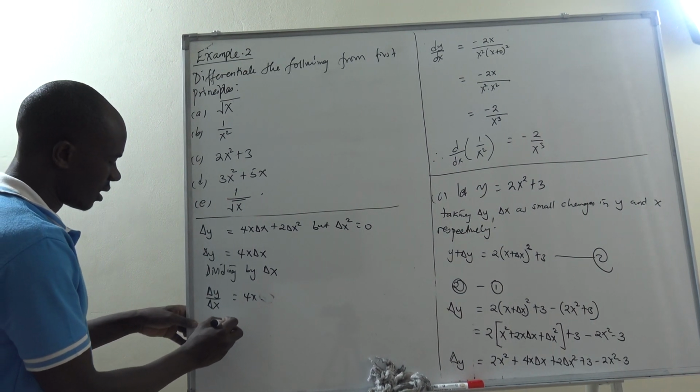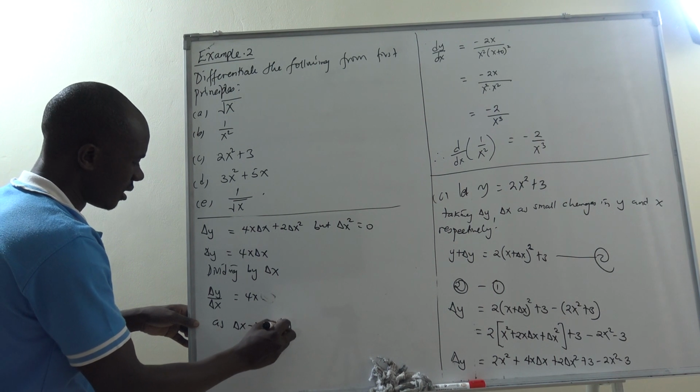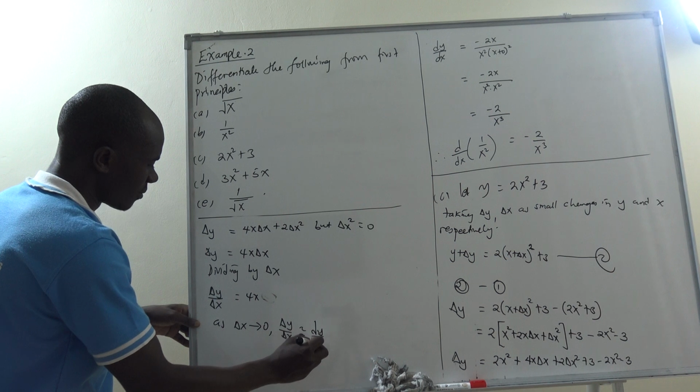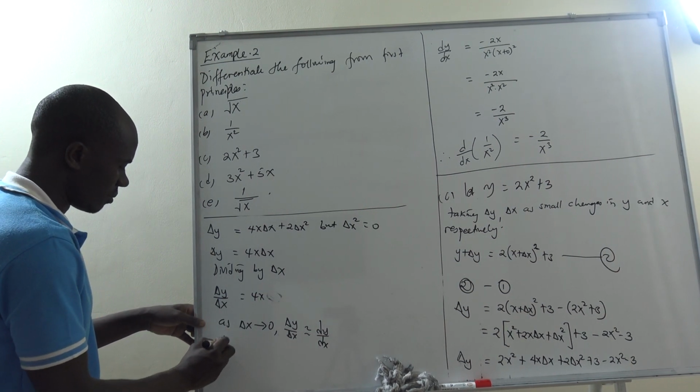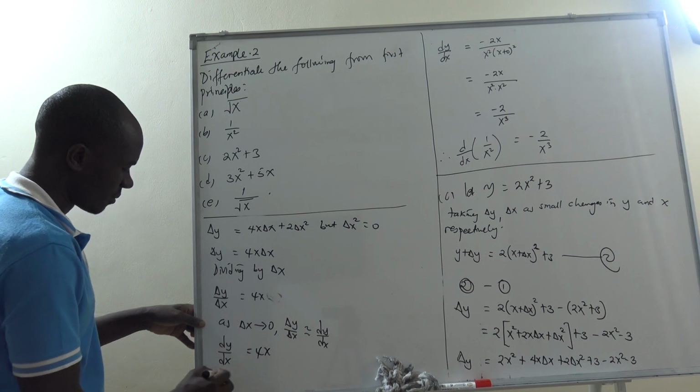Then you can say as delta x tends to 0, delta y over delta x is approximately equal to dy dx. So what does it become? It becomes dy dx equals 4x.